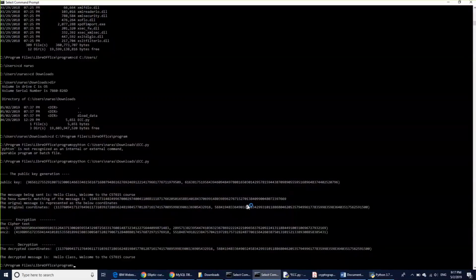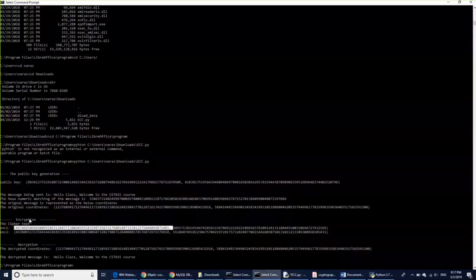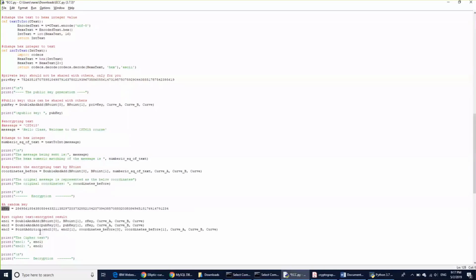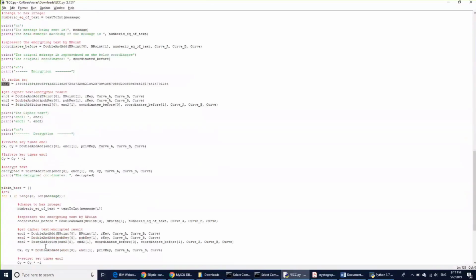This one and this one. Oh, sorry, this one. These two pairs of ciphertext are the encrypted text located at these coordinates, and the decryption process here.